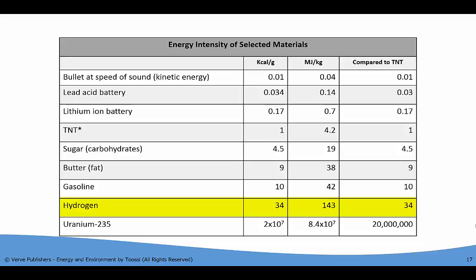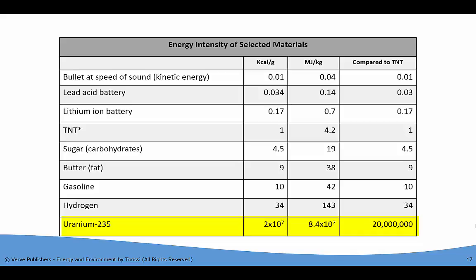The last line on this table compares to 1 gram of uranium-235. That's what we see later on as the fuel for nuclear energy, and that would be like 20 million times the energy of the equivalent mass of TNT.